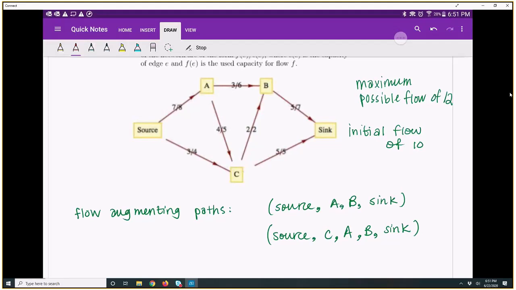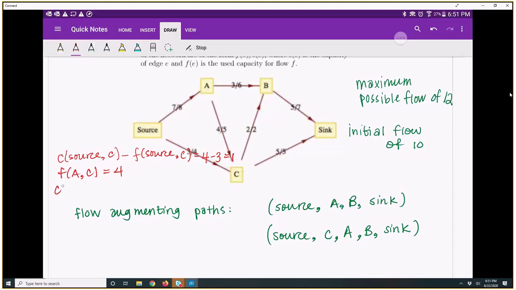So now what I'm looking at is the weight, or the capacity, of source to C minus the flow of source to C, and that's 4 minus 3. Then I'm looking at, for the edge from A to C, I'm just looking at the flow from A to C, because I'm using this edge backwards. This is 4.